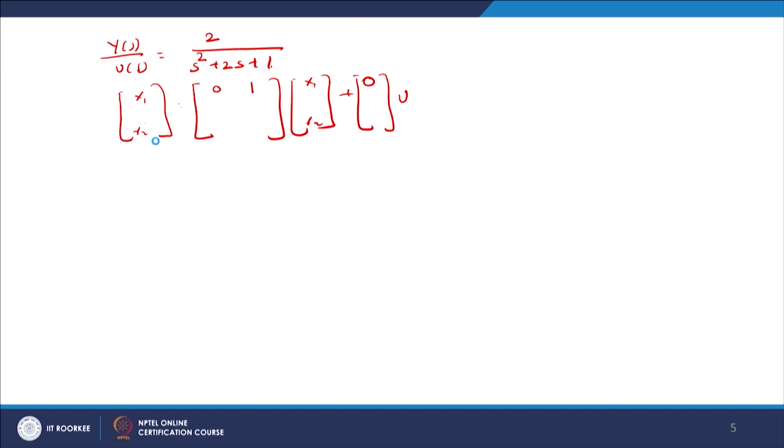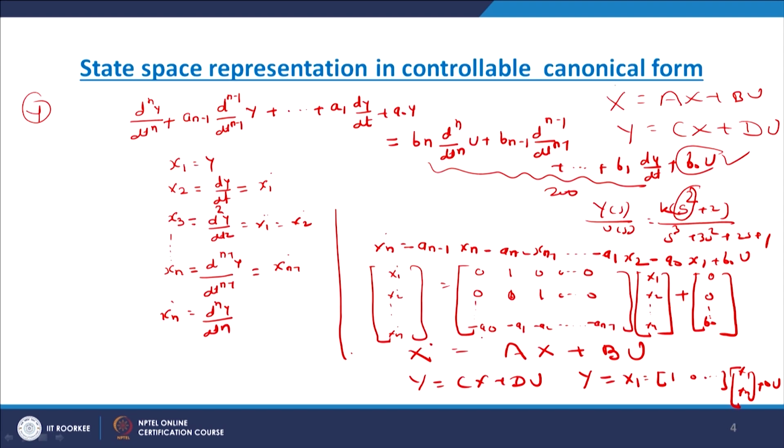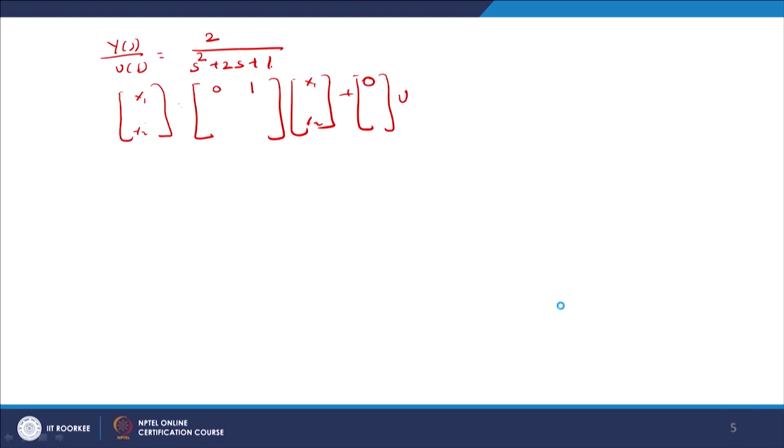If you see the previous slide, xn dot has a0, a1, and so on, which are nothing but the coefficients of the denominator. So, we can write down directly minus 1 and minus 2, and here this is b. So, these are the state equations. Now, what is the output equation? Here the output y equals 1 0 into x.